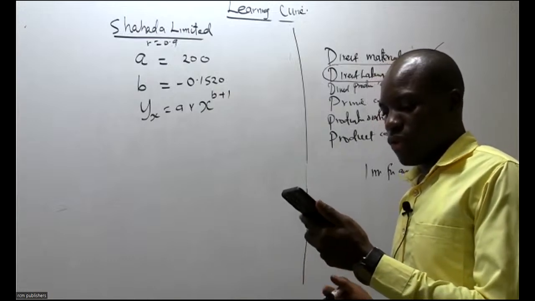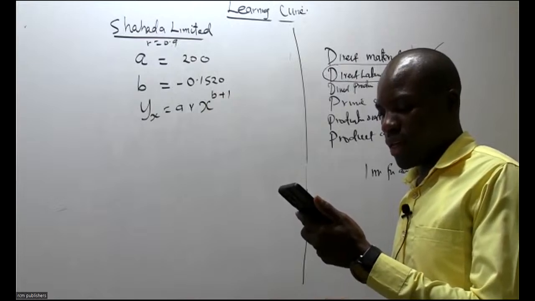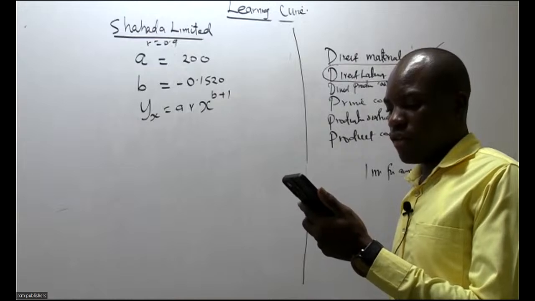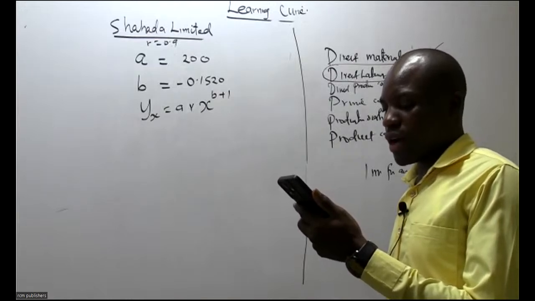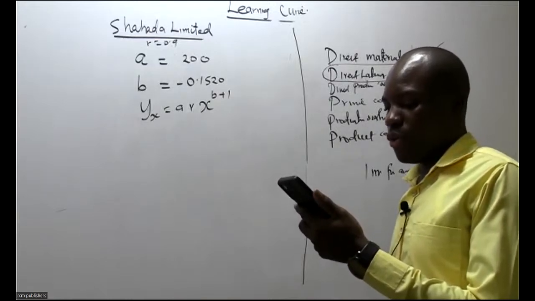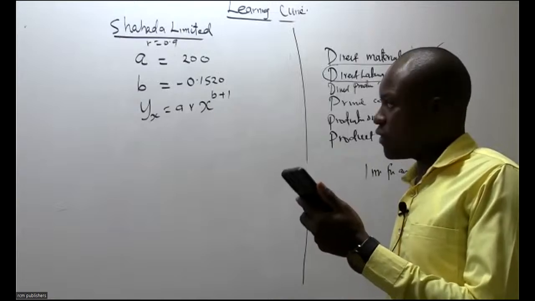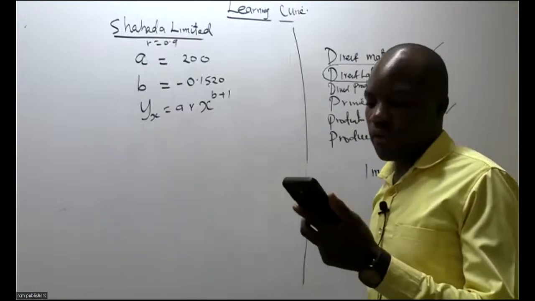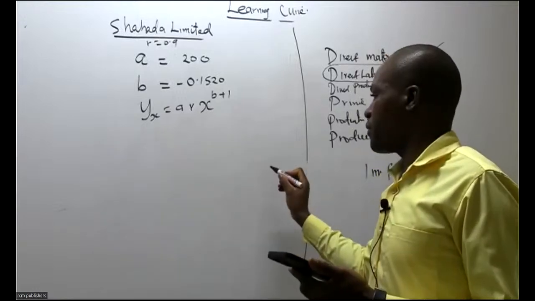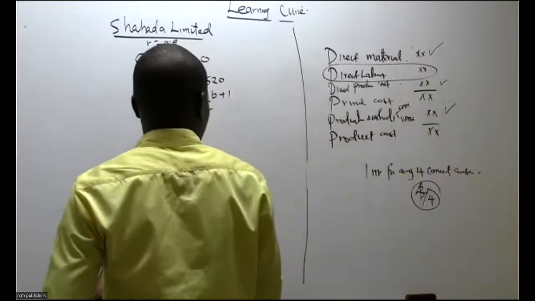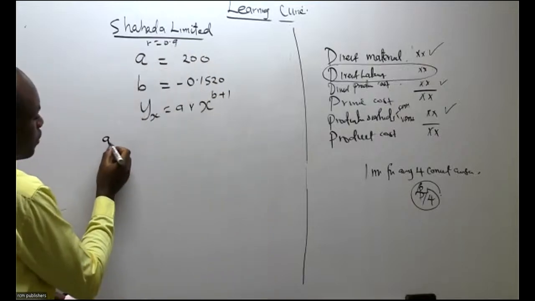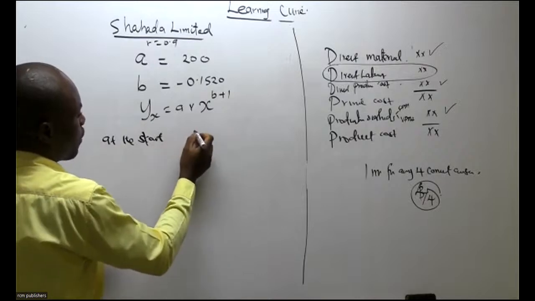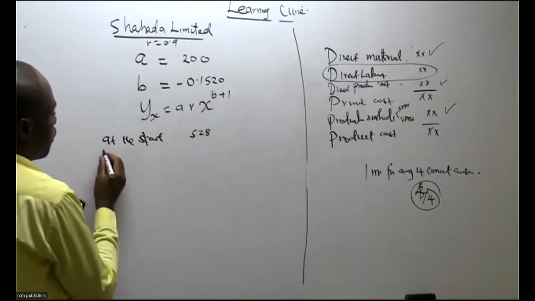So within that question, we are being told that additional information number 1, the following information relates to the previous production period. Cumulative production at the start of the period, they had 528.